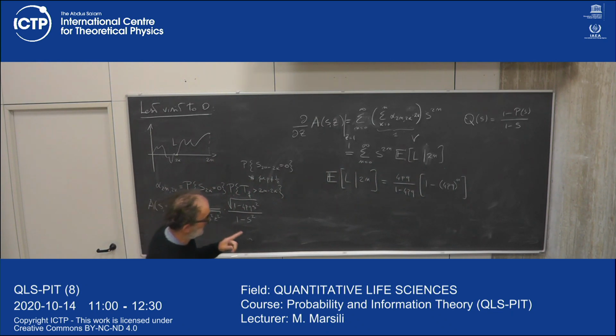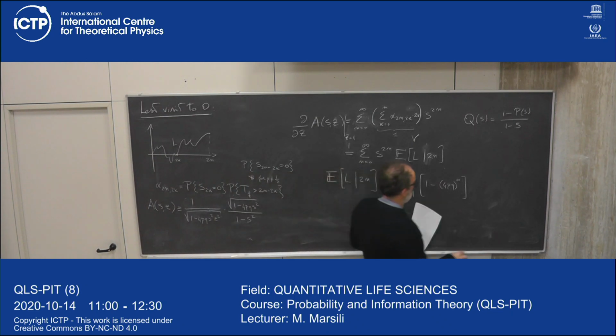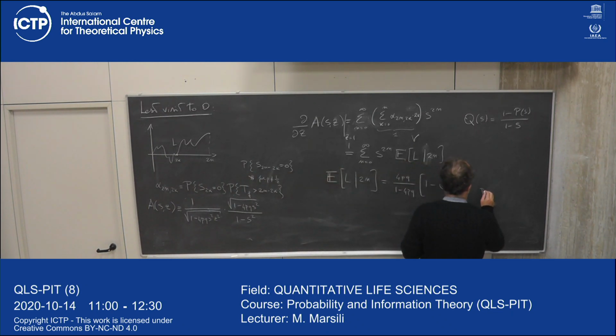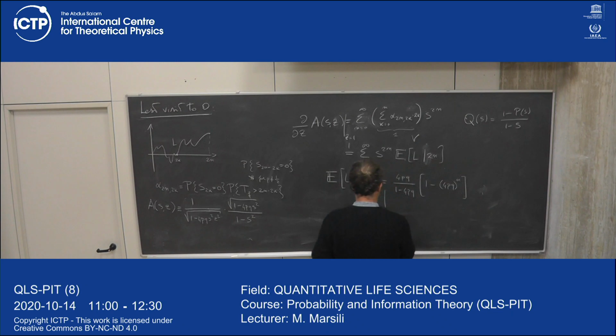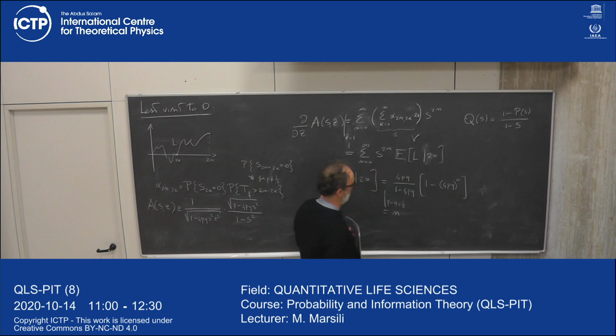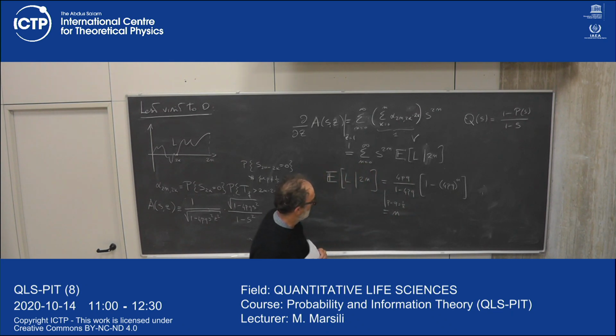If p is equal to q is equal to 1/2, then you have a 0 here and a 0 here. So you have to use L'Hopital's rule, and essentially this gives you 4pq, which is 1. This gives you exactly n.